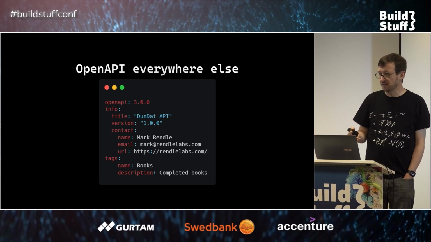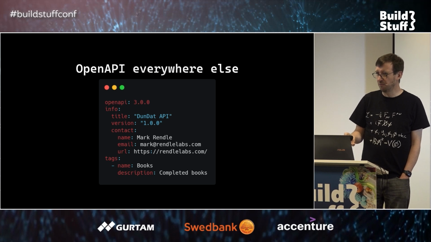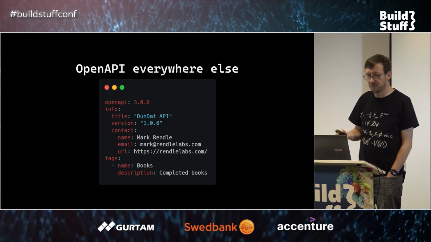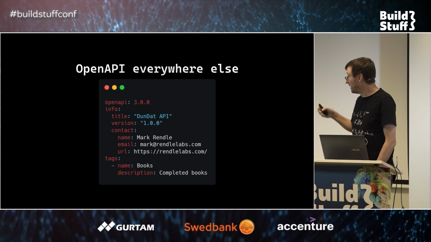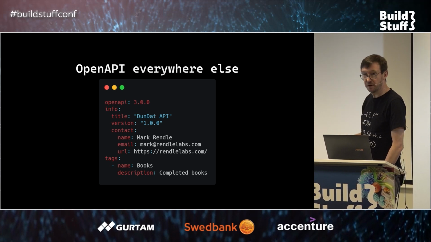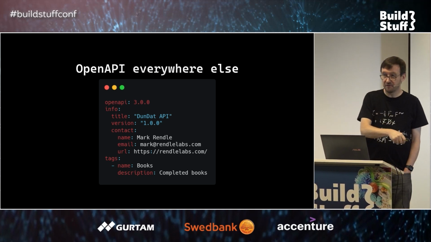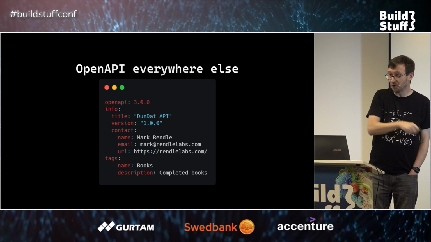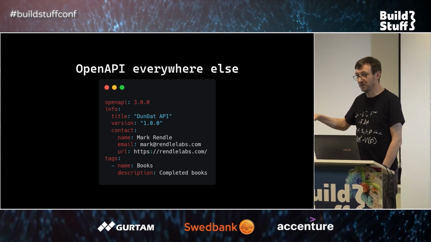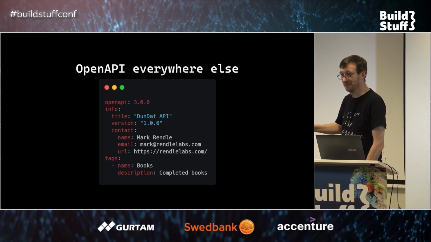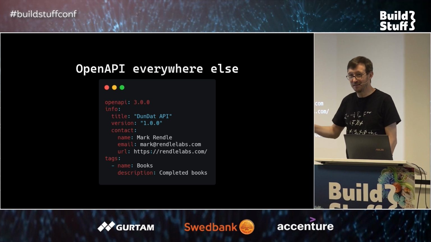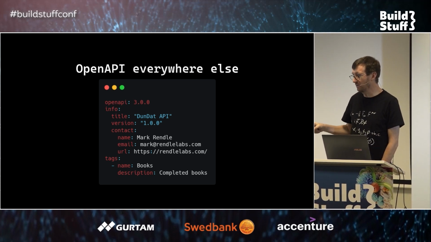YAML apparently is a subset of JSON or a superset. You can put JSON in YAML, which is weird. And they handwrite their OpenAPI document, and then they build the system to match what they've written in the OpenAPI document. And I just think that's a better way round to do it.